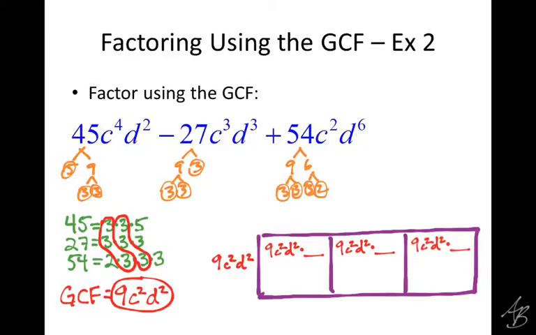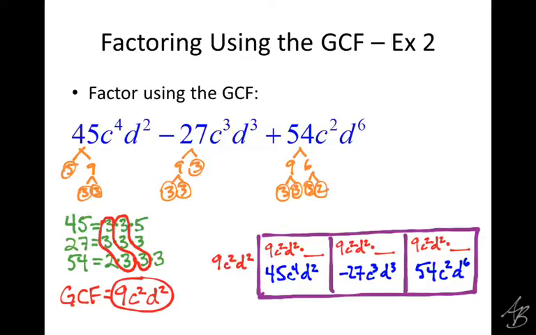And then what else do I know about these rectangles? We know the areas and can write those in. So we're going to have 45c to the 4th d squared, negative 27c cubed d cubed, and 54c squared d to the 6th.